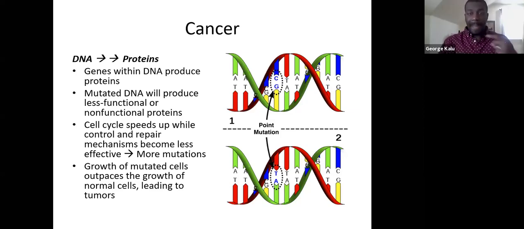If that happens, the cell cycle is going to happen a lot faster, and that bone cell is going to continue to divide and divide and start producing a bunch of bone cells that continue to have that same mutation, and maybe even more mutations as well. Because you have a lot of bone cells that are growing a lot faster than your normal bone cells do, that clump of mutated bone cells becomes the actual bone tumor.